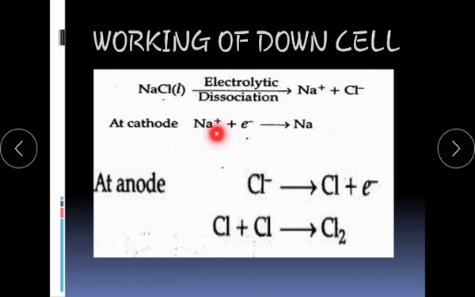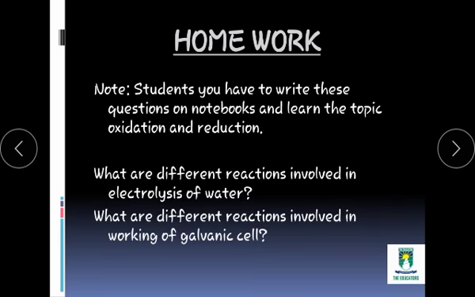Reduction means gain of electrons, and oxidation means loss of electrons. So in this way, at the cathode sodium positive will gain an electron and convert into sodium, and at the anode chloride will lose an electron and form chlorine. So students, this was all about today's lecture.